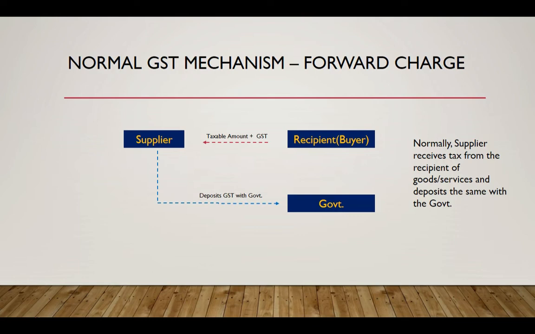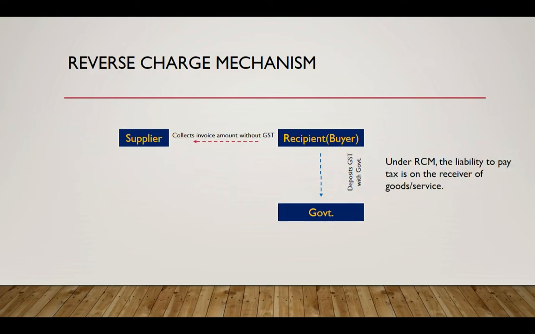But in case of reverse charge mechanism, the recipient pays the invoice amount without the GST component to the supplier, and is required to deposit the GST from his end. So in reverse charge mechanism, the buyer is required to deposit the GST with the government.